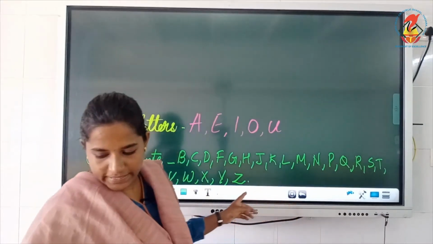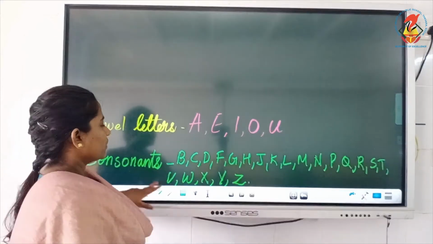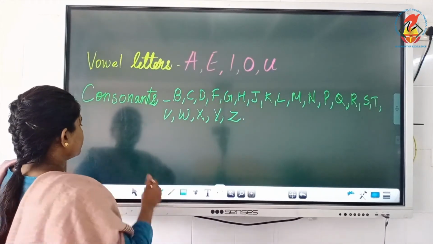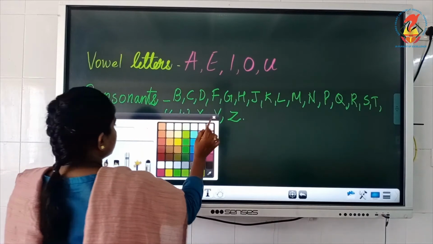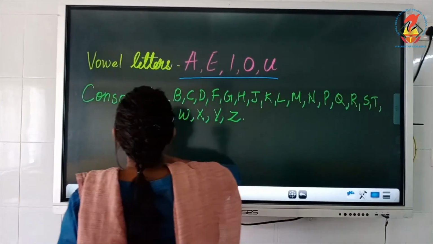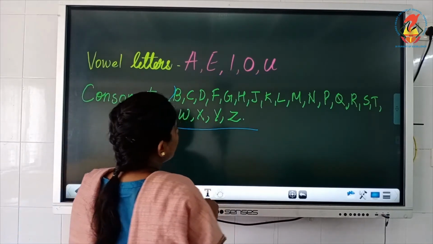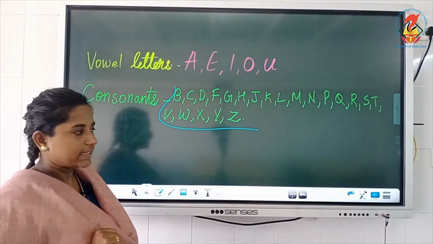So these letters are called consonant letters. A, E, I, O, U are vowel letters. The rest of the alphabet letters are consonant letters.